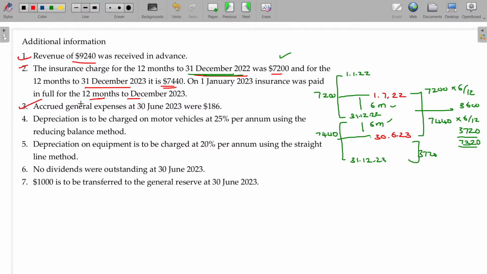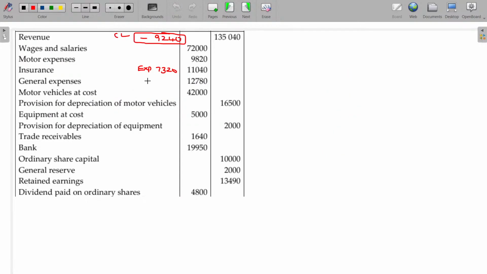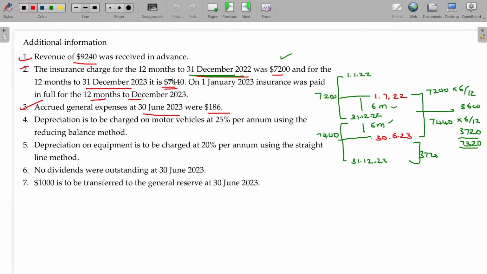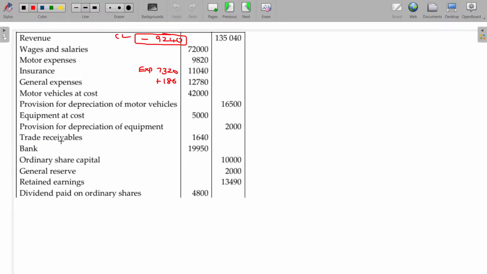Now, accrued general expenses on this date, outstanding 186. You have to add this. Depreciation is to be charged on motor vehicles at 25% per annum using reducing balance method. So you have to subtract the provision and then 25% will be calculated on this.